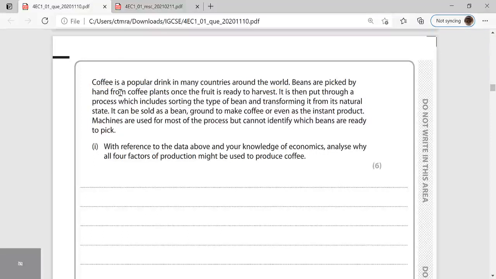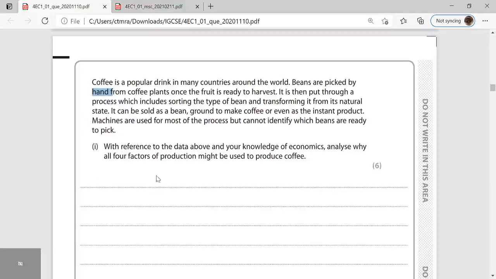Coffee is a popular drink in many countries around the world. Beans are picked by hand from coffee plants once the fruit is ready to harvest. So who is picking them? The labor. These are hand-picked, so you got the first factor of production, labor.